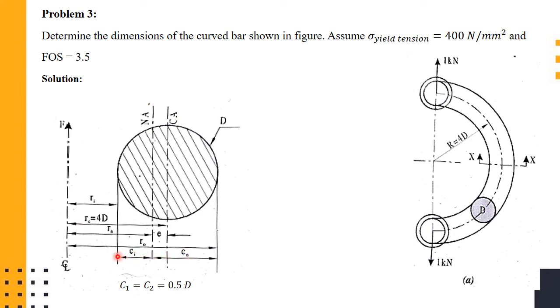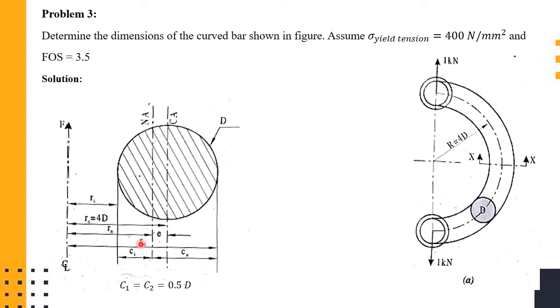And also you can write Ci and Co. Ci is the distance from the inner surface to the neutral axis, and Co is the distance from the outer surface to the neutral axis. This is the neutral axis line, Ci and Co. Then you can draw the Ri, that is the radius of the inner surface, and the radius of the outer surface Ro.